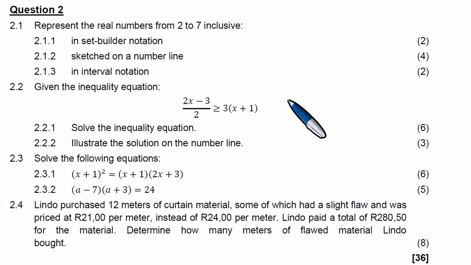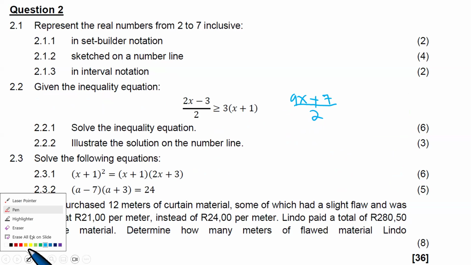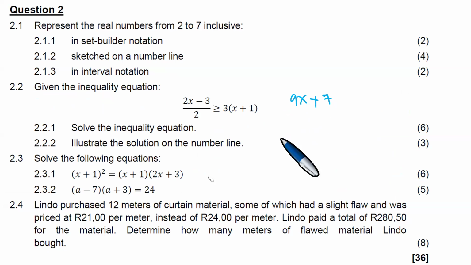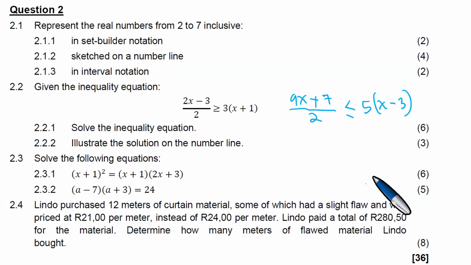For example, 9x plus 7 divided by 2 is less or equal to 5x minus 3. What do we do here?